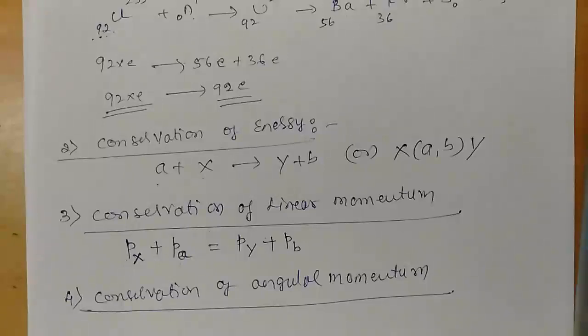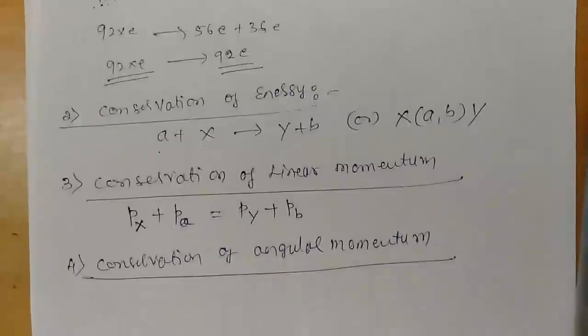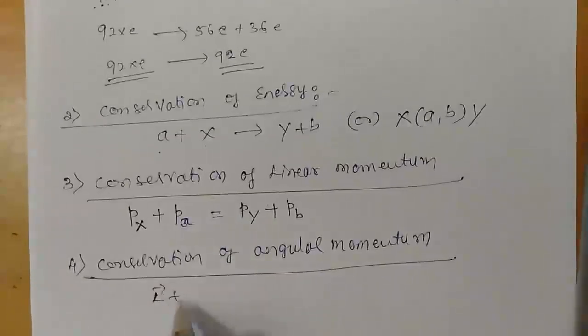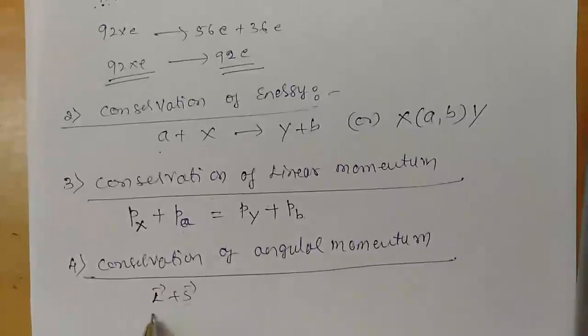So for any element, the total angular momentum will be the vector sum of the angular momentum due to orbital motion and the angular momentum due to spin motion. This we have seen in earlier videos in the atomic and molecular physics units.